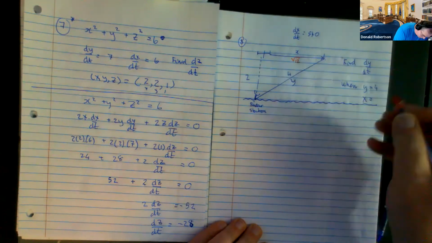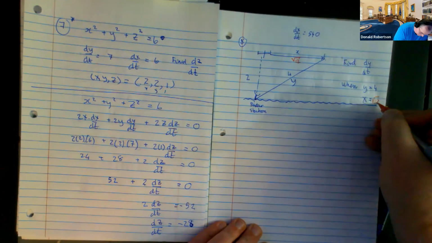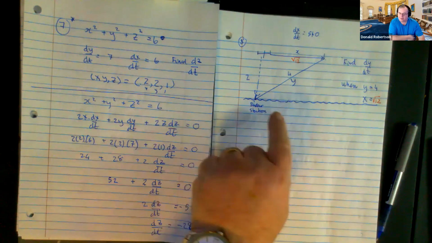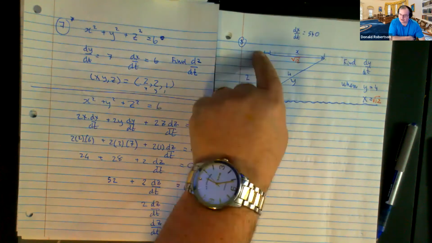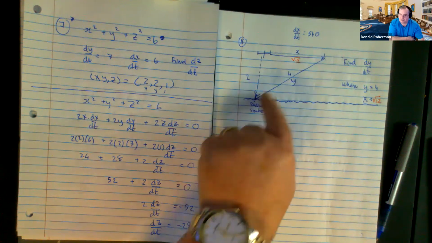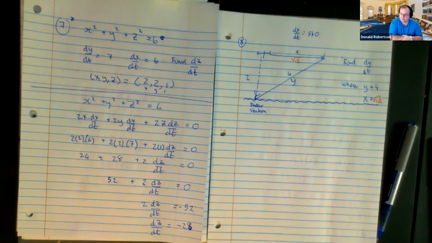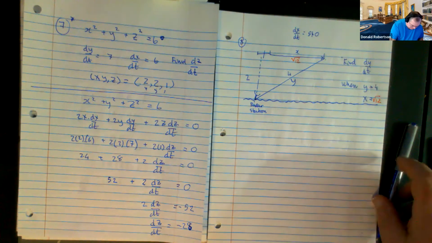Are we happy about where I got the distance of square root of 12 from? Right, that's fixed. That's Pythagoras, right angle triangle, right? So far, so good.